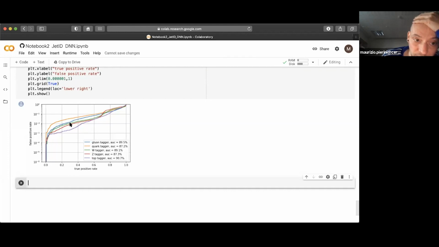So it would be sitting here. And you see that basically our W tagger and our Z tagger do the same, except that we just use 50,000 events to train it. So with 50,000 jets, we are already as good as the state of the art before deep learning, with 16 features as input.